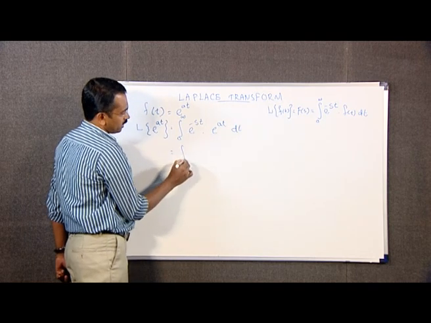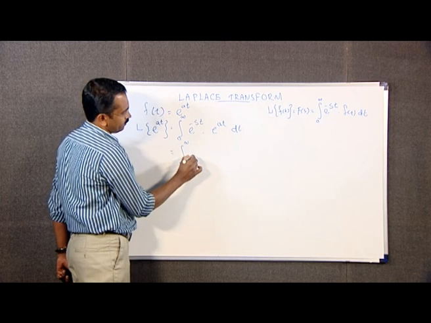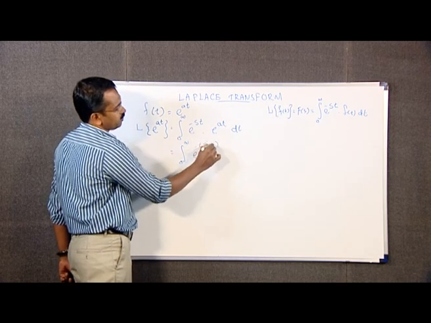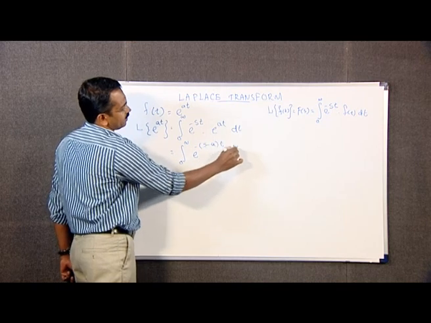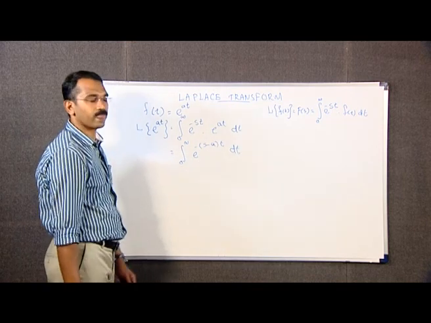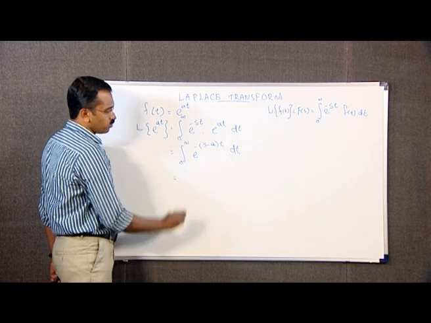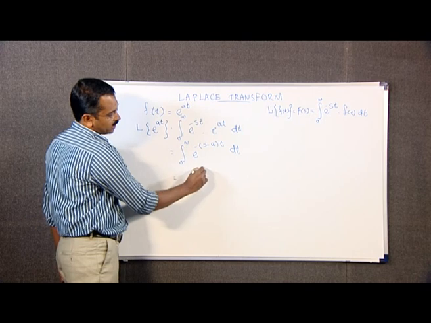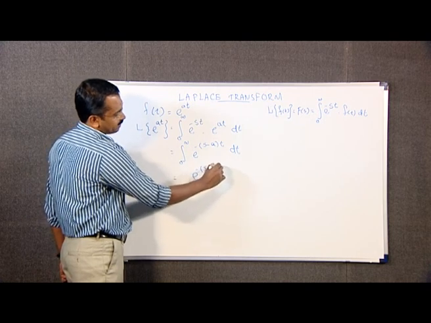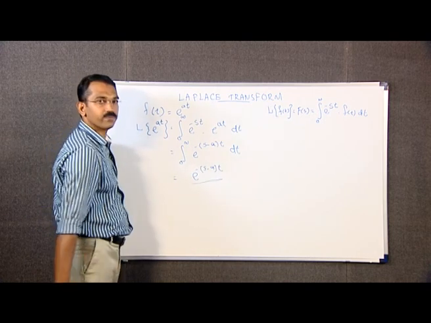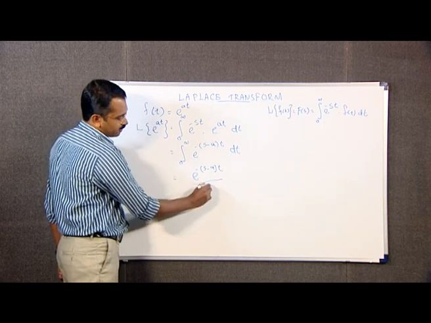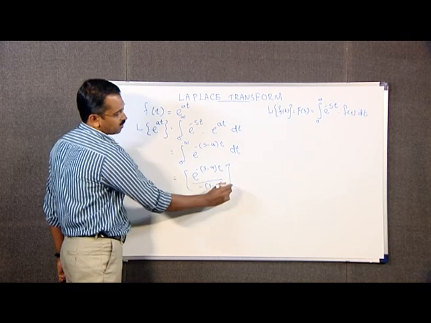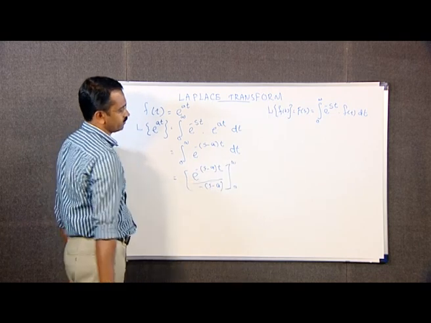That is equal to the integral from 0 to infinity of e raised to minus of s minus a times t dt, which on integration gives e raised to minus of s minus a times t divided by negative of s minus a, between the limits 0 and infinity.